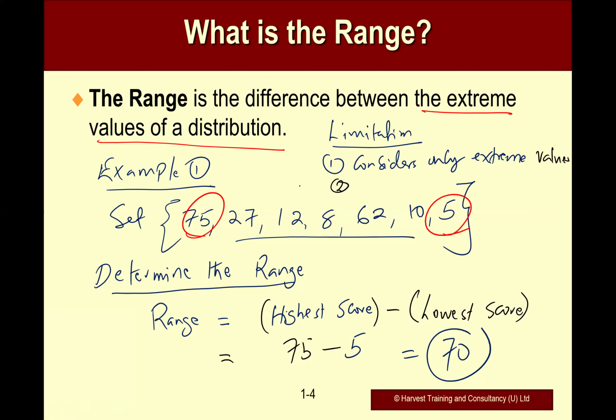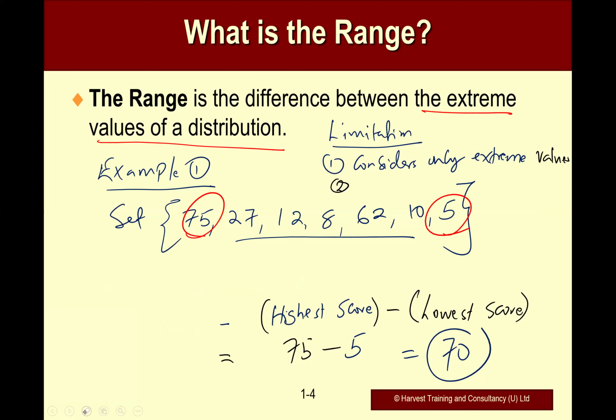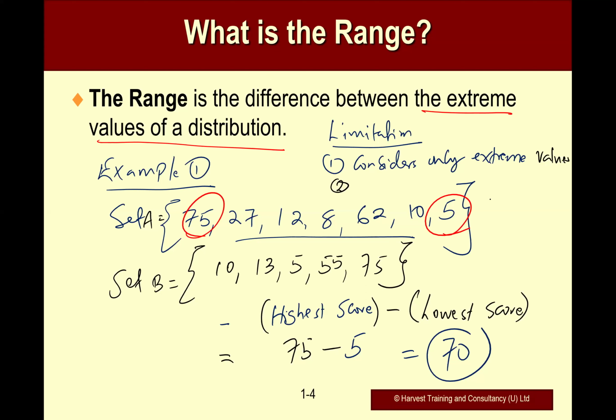And then number two, if we have two classes, let me construct this. This one was set A. If I also suppose that we have set B with, let's say, 10, 13, 5, let's say 55 and 75. The range of A is 75 minus 5, which is 70.